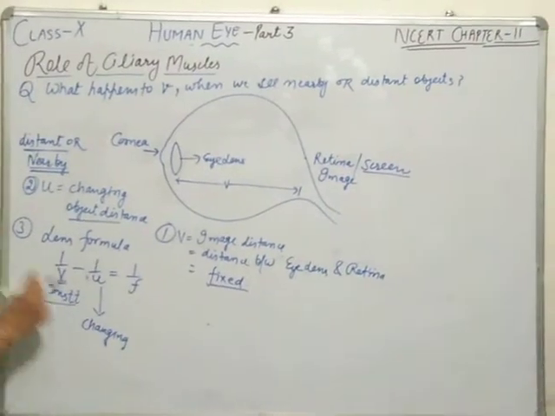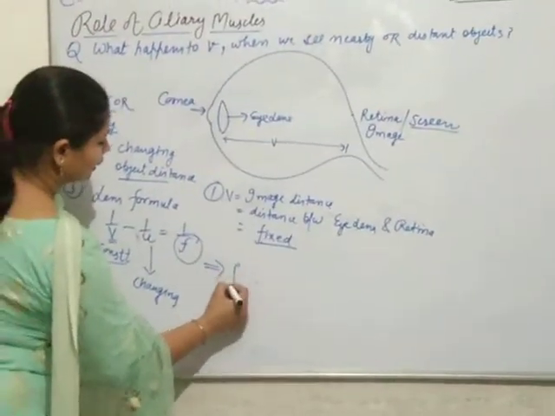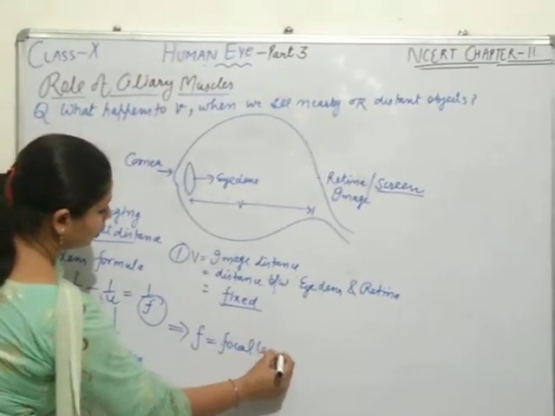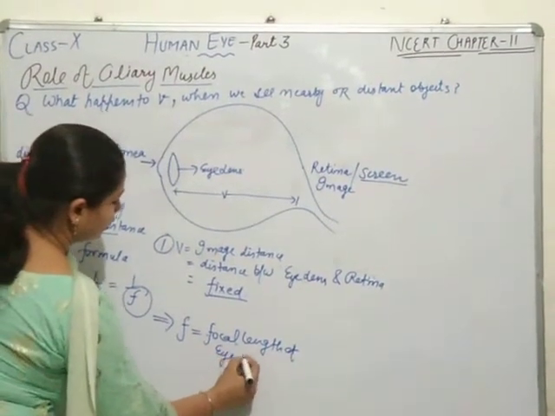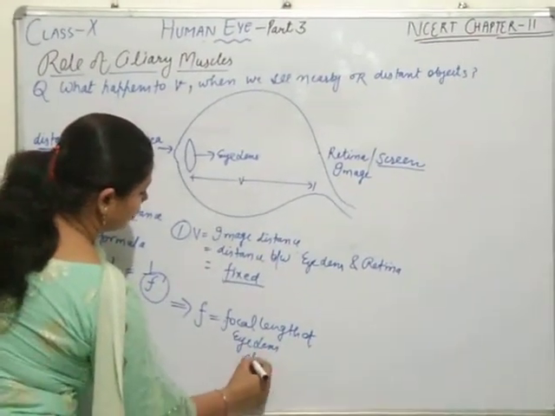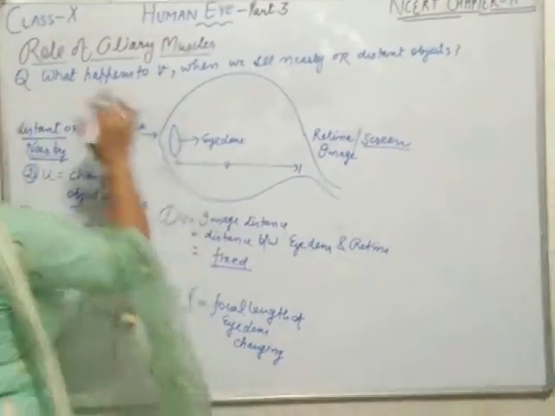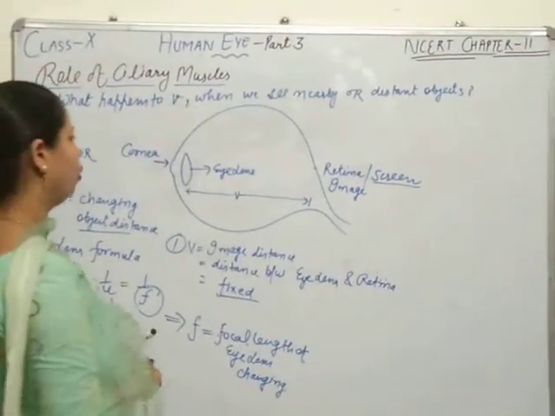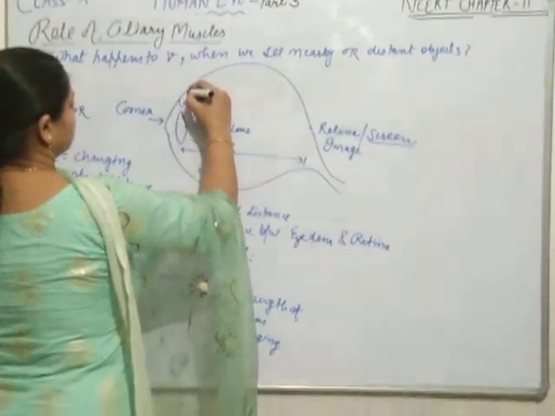If V is constant and U is changing, then the result is that F, the focal length of our eye lens, keeps on changing. How is the focal length of the eye lens being changed? This important role is being done by the ciliary muscles.